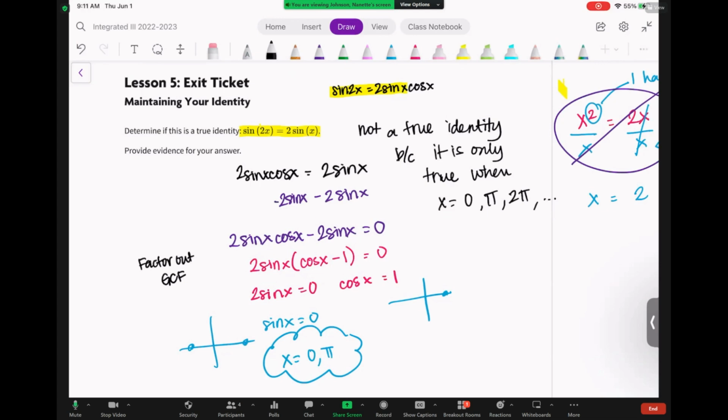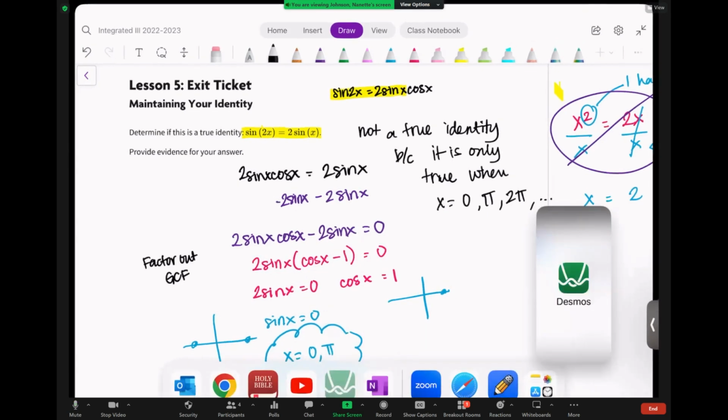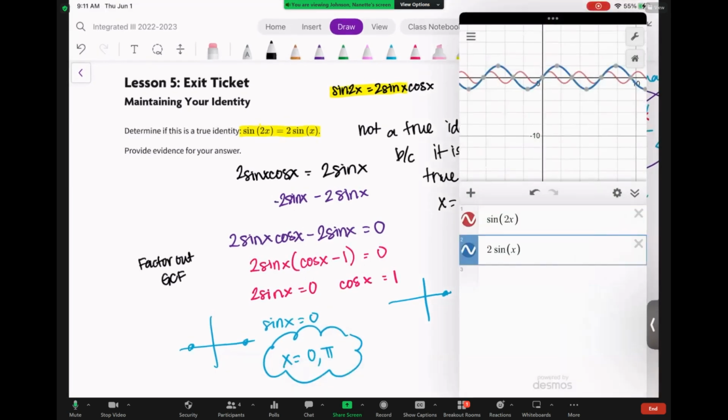So then I started solving it like an equation, and then I found that the only time that it was true was when it was 0 or pi. The next thing I did was I tried graphing it, and that's what I got. Okay, and it's 2 separate graphs because those two aren't the same. Their identities are not the same. Okay, thanks for listening.